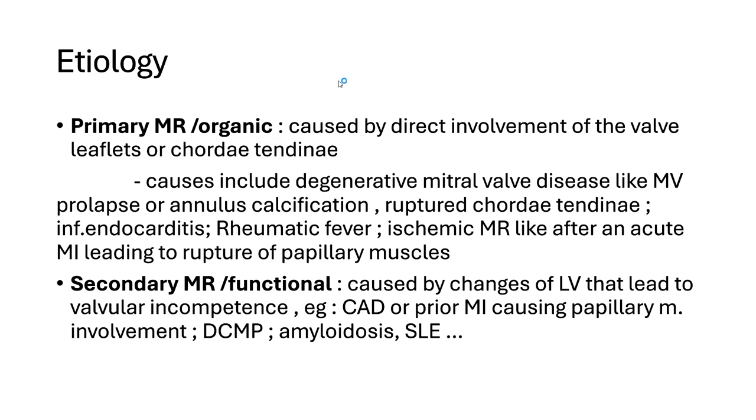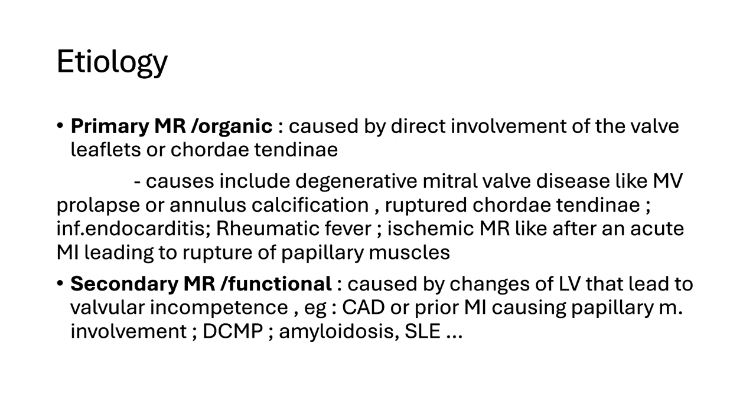So, speaking about the etiology, primary mitral regurgitation is also called organic mitral regurgitation, even though this is not used. We call it only primary or secondary. Primary mitral regurgitation is caused by a direct involvement of the valve leaflets or the chordae tendineae.